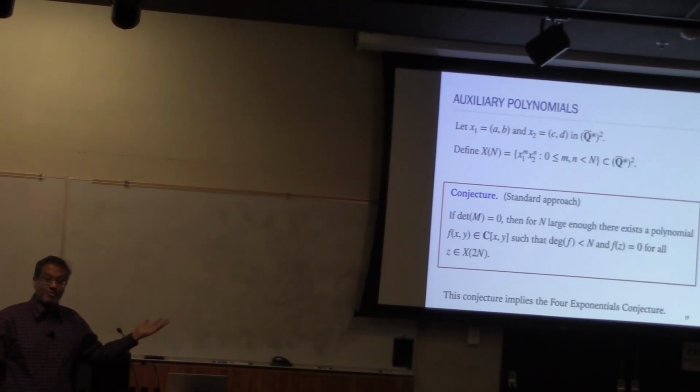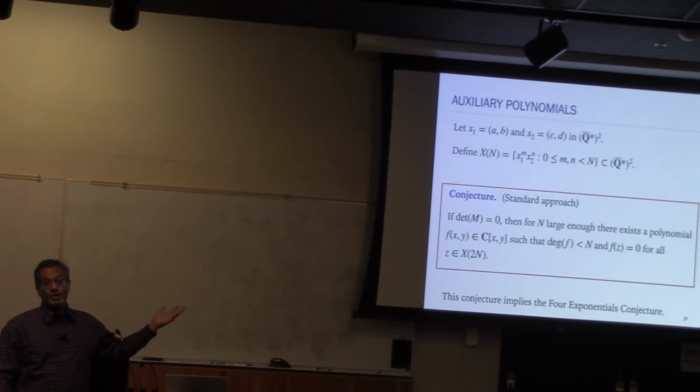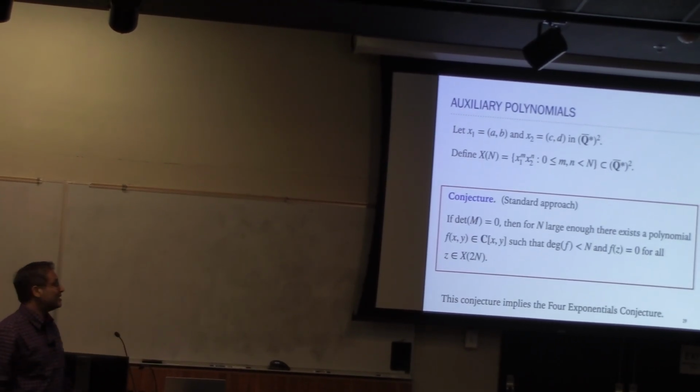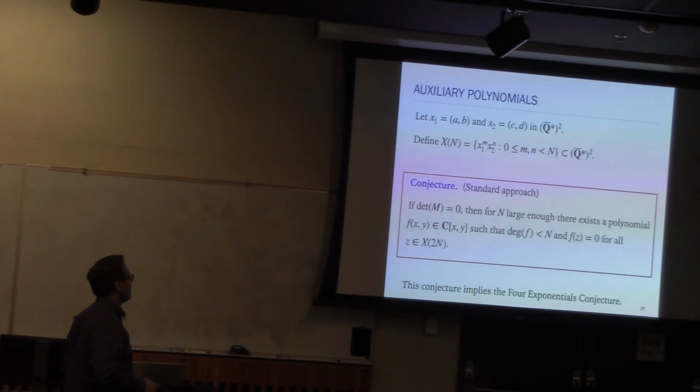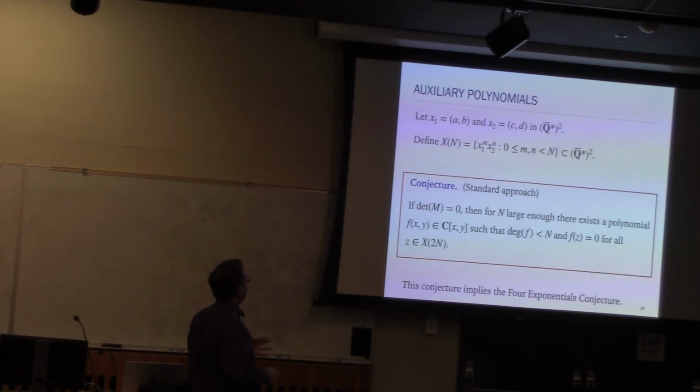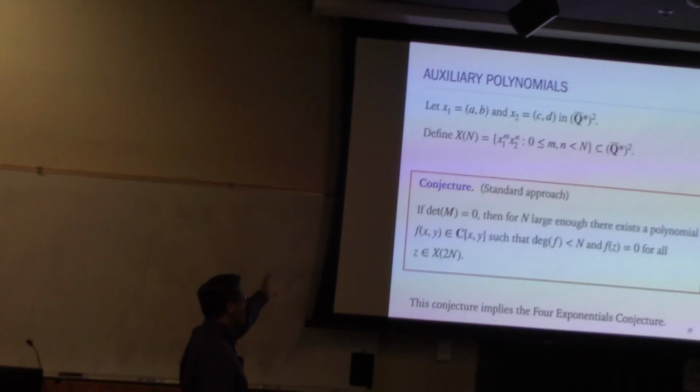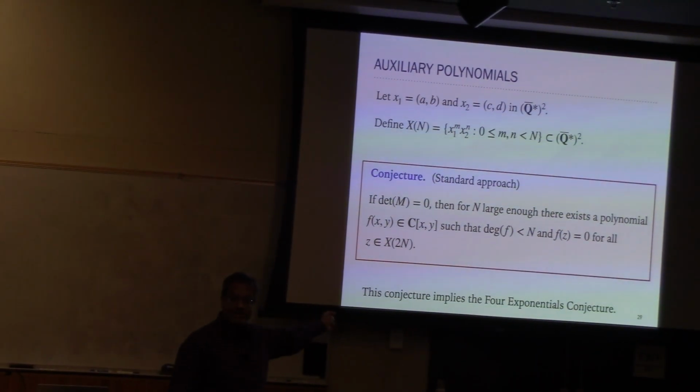So generically, you shouldn't be able to make such a polynomial; if they line up, you should. That's the basis of the conjecture, and I think you need a little factor of 2 to give yourself some extra room to prove this. If you could prove this conjecture, then you would have proved the four exponentials conjecture. But no one knows how to construct a polynomial like this.